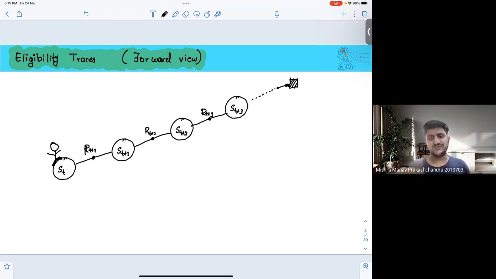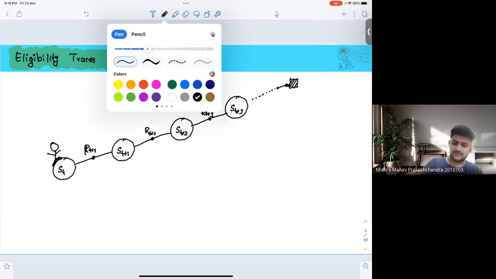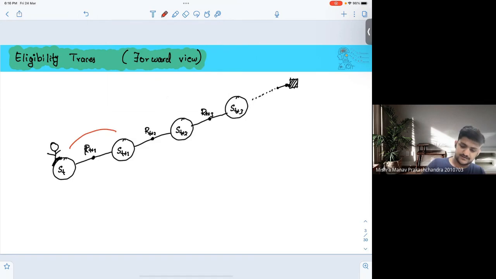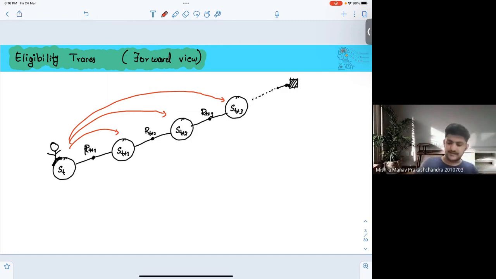The way it wants to leverage the advantage of an n-step return or a lambda return is that it starts looking ahead to see how good each version of the state is, and based on that, it takes a lambda-weighted average over all of this.